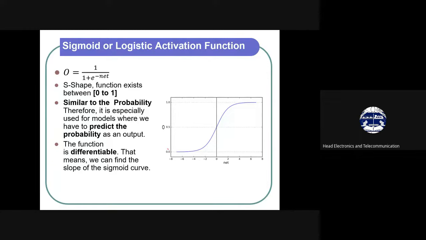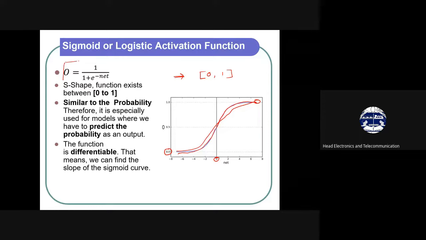There is a transition from 0 to 1, not abruptly, but a smooth transition. Your output here will be in the range 0 to 1. Depending on net, if net is more than say 0, you will start getting positive output, and when your net is less than 0, you will start getting negative output.